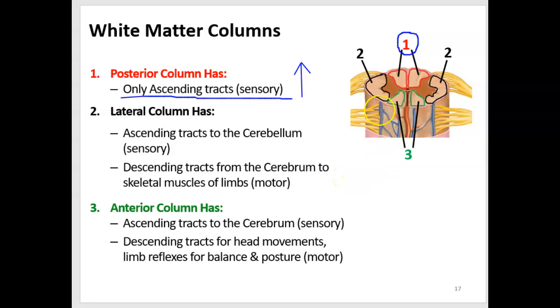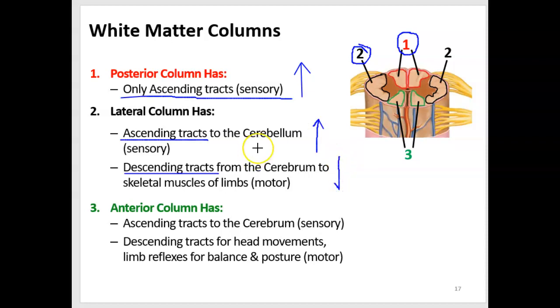The lateral column, labeled number 2 and outlined in black, has different tracts that are ascending or descending. So there's both. Of course, an ascending tract is going to carry impulses upwards. A descending tract will be carrying impulses downward.